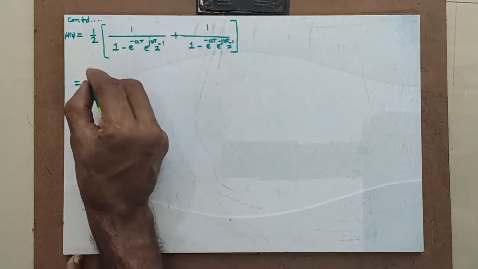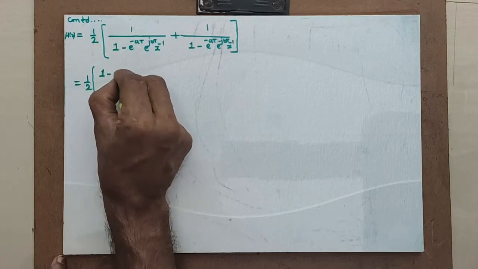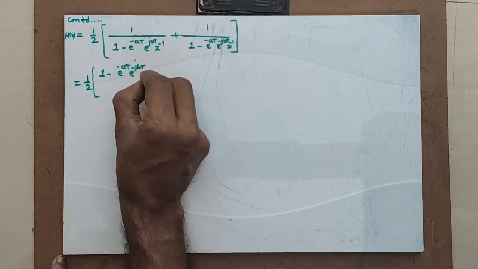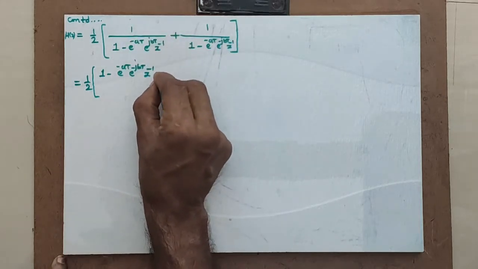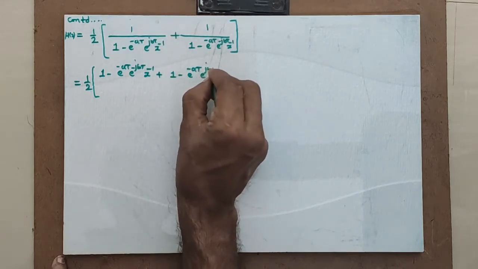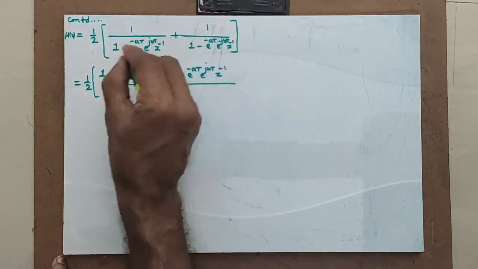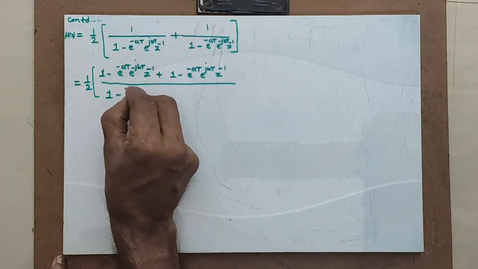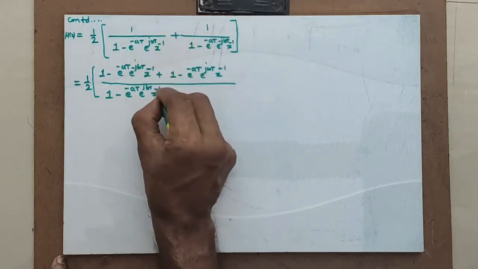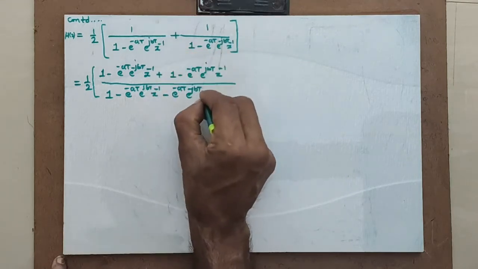Now we shall simplify, taking half outside and cross multiplying: 1 minus e raised to minus at e raised to minus jbt z raised to minus 1 comes here, and 1 minus e raised to minus at e raised to jbt z raised to minus 1 comes there, whole divided by (1 minus e raised to minus at e raised to jbt z raised to minus 1)(1 minus e raised to minus at e raised to minus jbt z raised to minus 1).